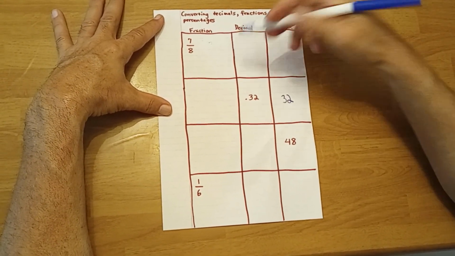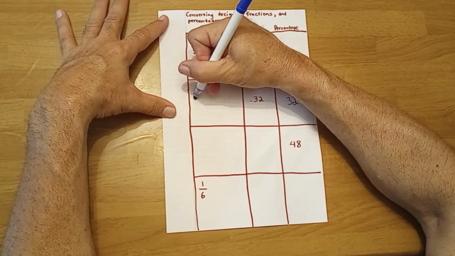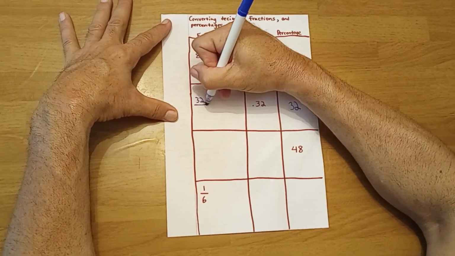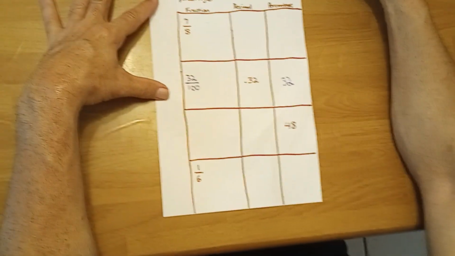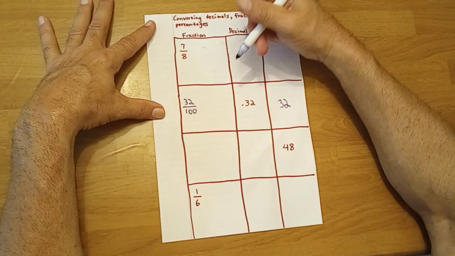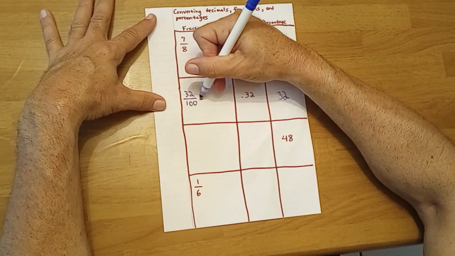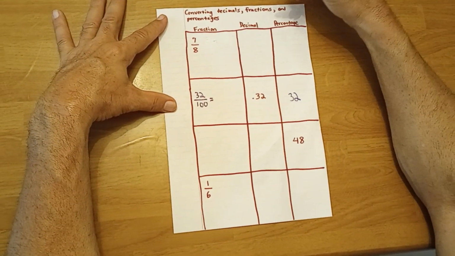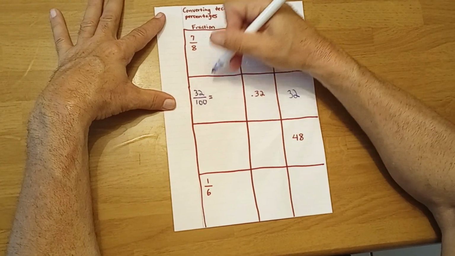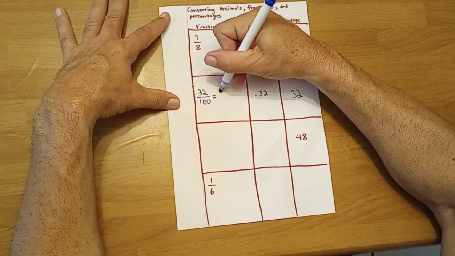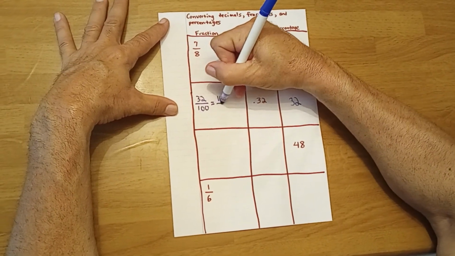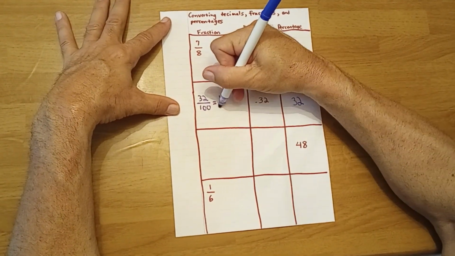Then when we want to do the fraction equivalent of 0.32 and 32%, we simply take the number of the percentage, which again is 32, we write that over 100, and we reduce. 32 and 100 are both even numbers. They have a common factor of 2. So let's divide both of those by 2. 32 divided by 2 is 16. 100 divided by 2 is 50.